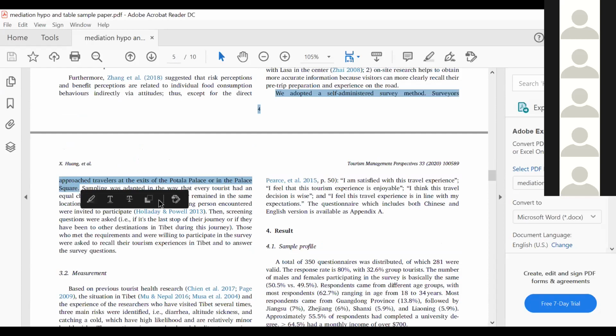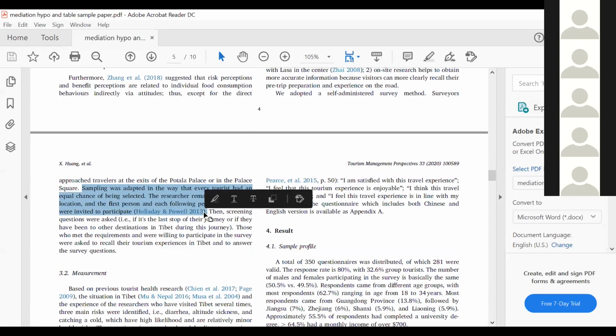After taking a sample, he explained, I took it from Tibet, Lhasa city, that's it. How did I explain my survey to that man? He has written that sampling was a way that every tourist had an equal chance.